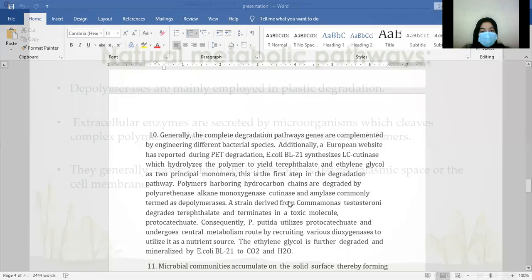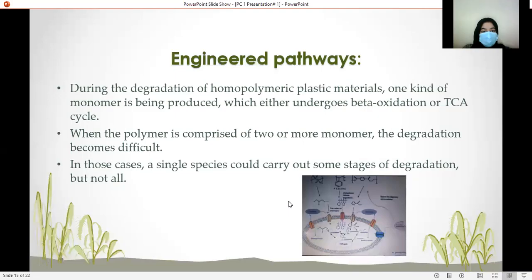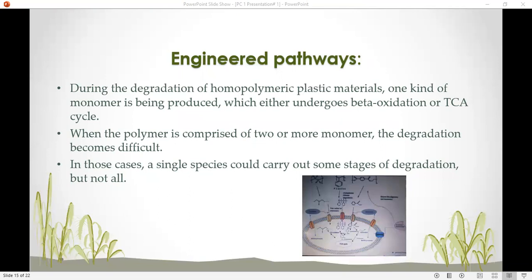Next one is the engineered pathway. During the degradation of homopolymeric plastic material, one kind of monomer is being produced, which undergoes either beta-oxidation or the TCA cycle. Generally, the complete degradation pathway genes are complemented by engineering different bacterial species.